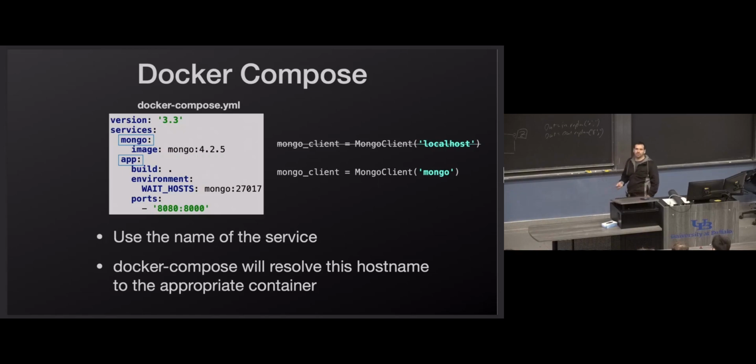Okay, we've got to make up some slides from last time. This is pretty much where we were last time. Let's finish this up. The biggest thing I want to make sure I say, since I had to rush it at the end, is that whatever you name your service in your Docker Compose file is going to be the host name for that container when you're trying to talk across containers.